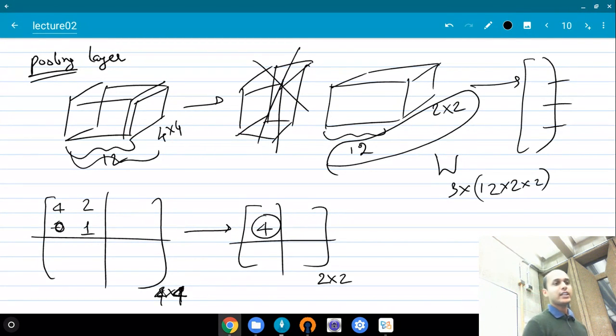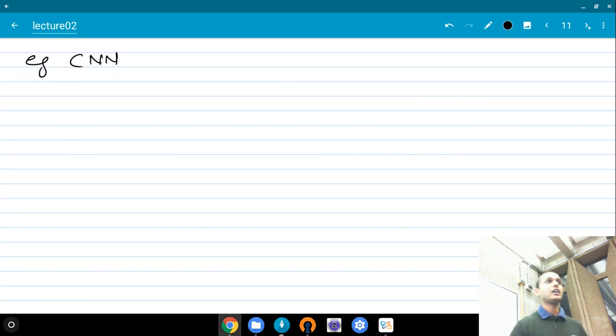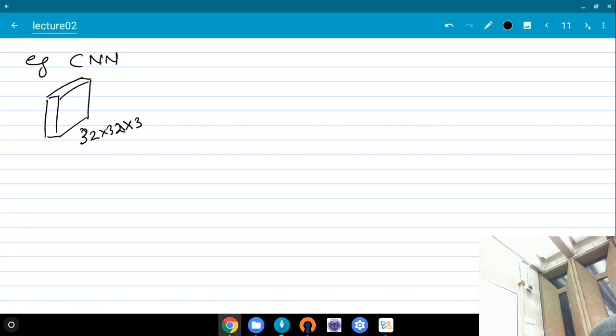So those are essentially the 2 key parts. Given that, here is an example CNN, just at a block diagram level. Let's say the input is 32 cross 32 cross 3. Maybe I use 5 filters of 3 cross 3 dimensions. Each filter will need to have a depth of 3 because the input has a depth of 3.